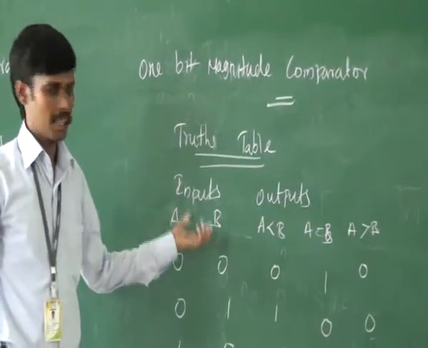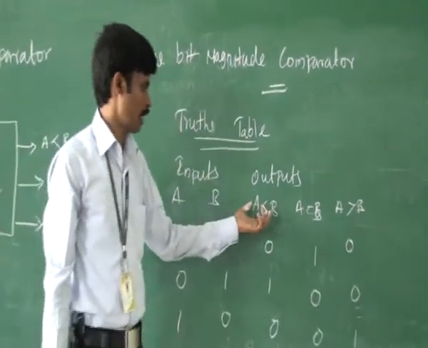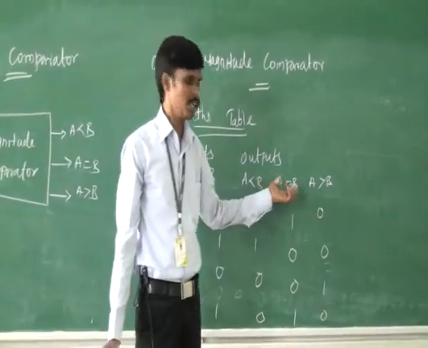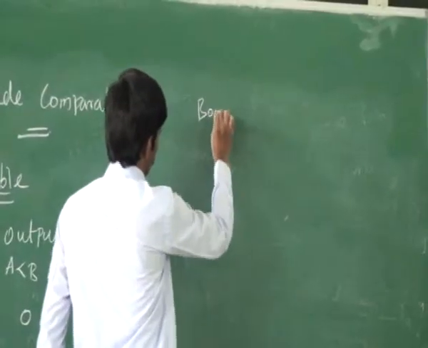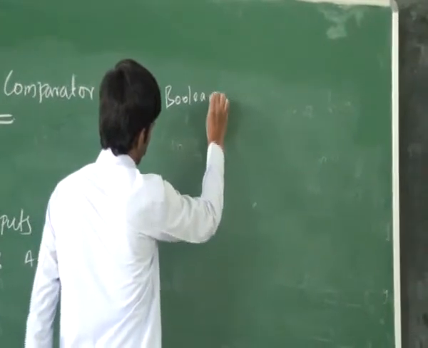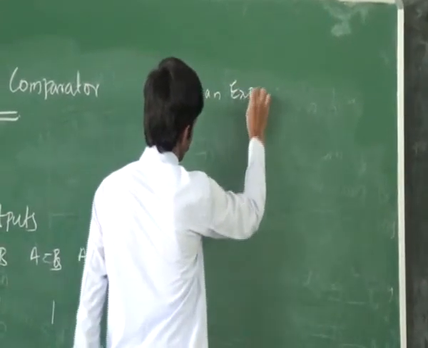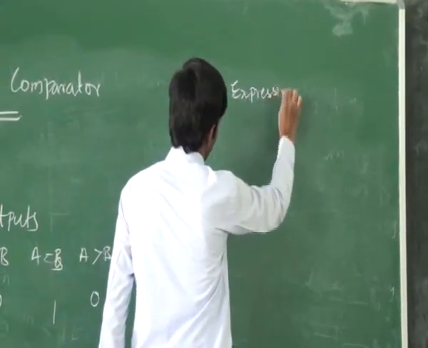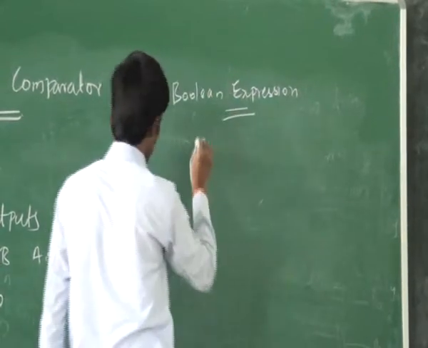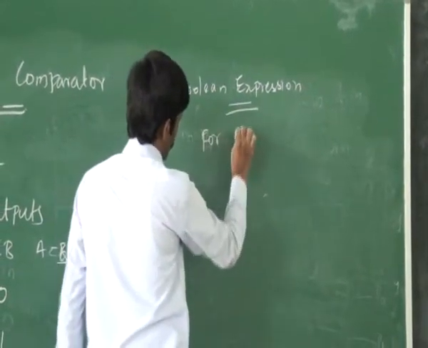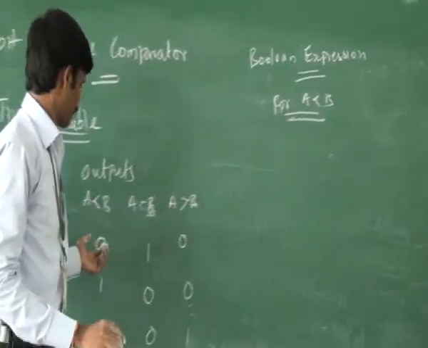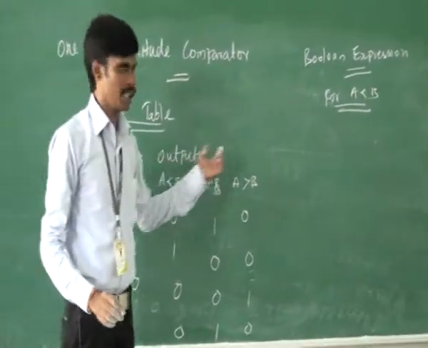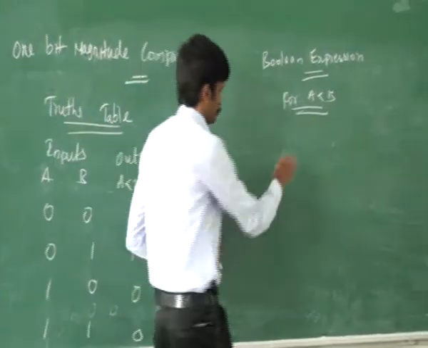From this truth table, let us derive the Boolean expression for A less than B, A equal to B and A greater than B. First one for A less than B. Here we have two input variables, so we need two variable K map.